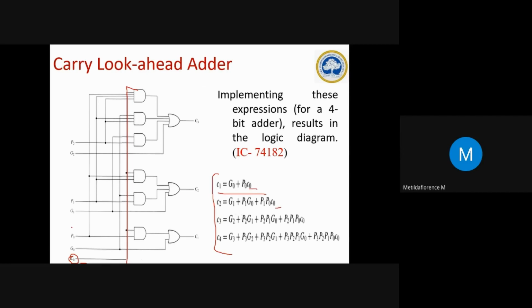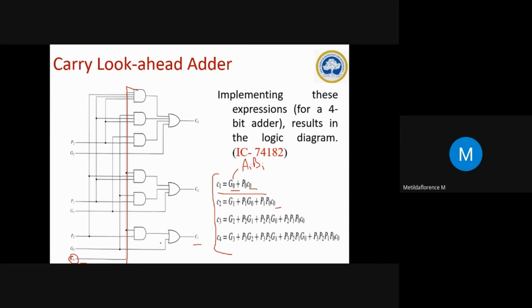And here, when you take C1, what are the inputs? G0. G0 is what? A0 and B0, do you remember? That and all we will expand further. First, we will see only the carry circuit. Then we will expand the remaining things, attachments and all, further.